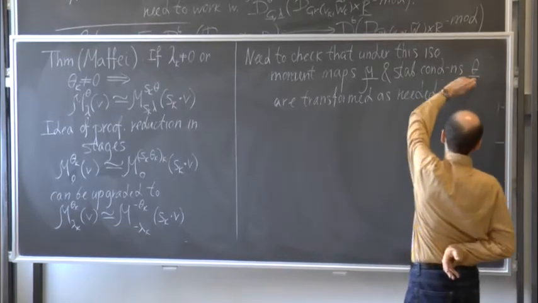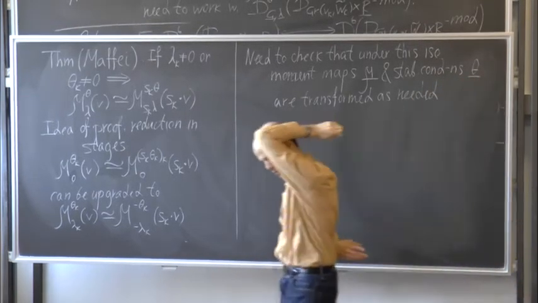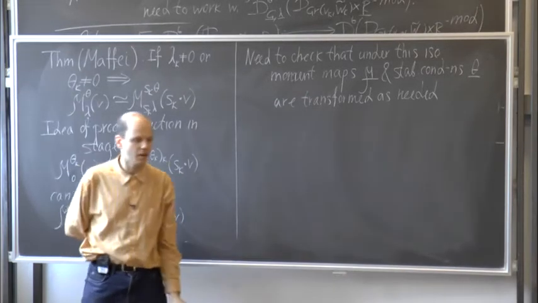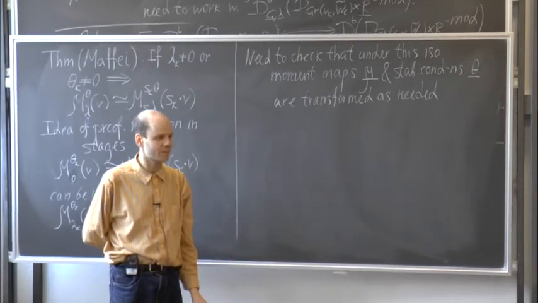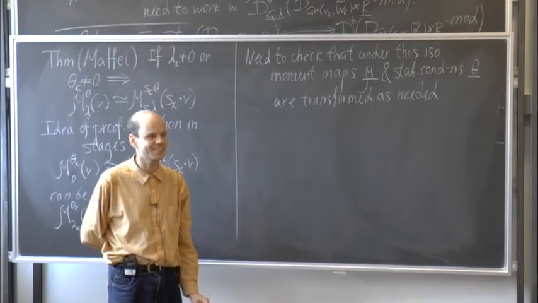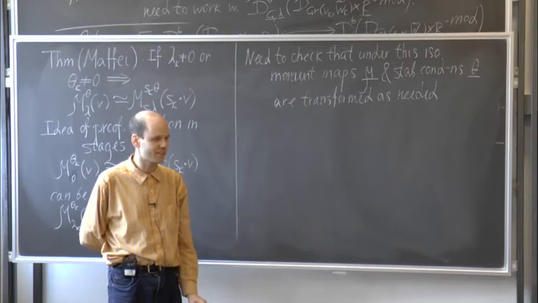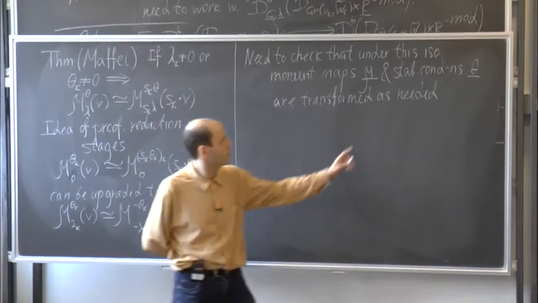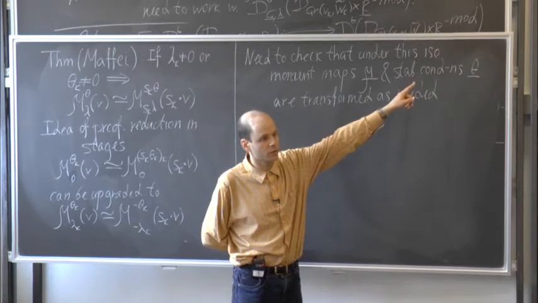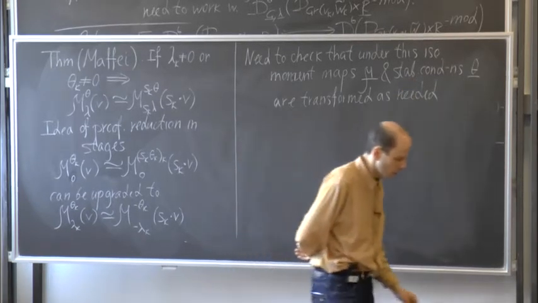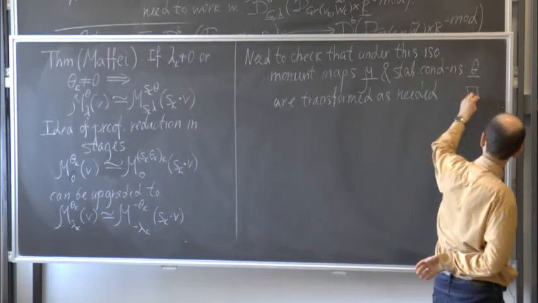And the story about stability conditions is more difficult. Maffei's paper contains some very nasty invariant theoretic computations which ensure that stability conditions behave as needed. In any case, that's how it works.